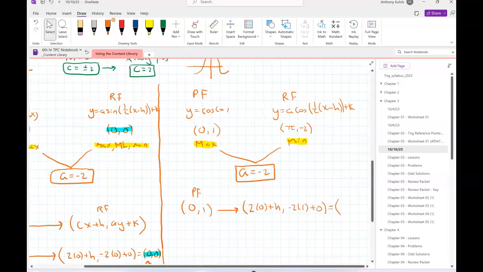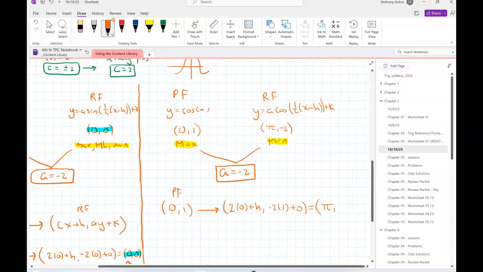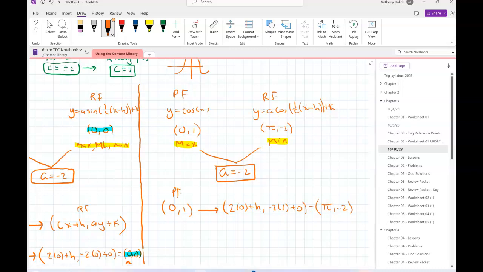And I know that has to equal the point pi over 2, -2. When I simplify that down, 2 times 0 plus h is just h, and negative 2 times 1 plus 0 is negative 2. So what does h then have to be? Has to be pi.